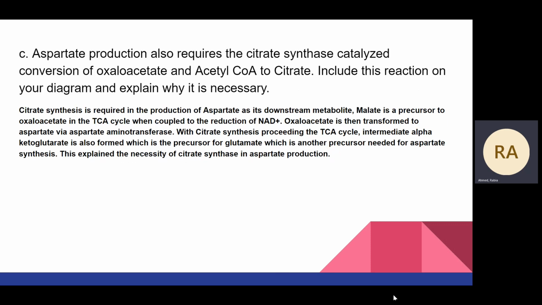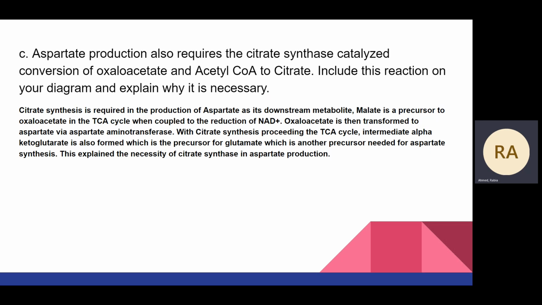Okay, so the last question, part 2C: aspartate production also requires a citrate synthase catalyzed conversion of oxaloacetate and acetyl-CoA to citrate. Include this reaction on your diagram and explain why it is necessary. Citrate synthesis is required in the production of aspartate as its downstream metabolite.